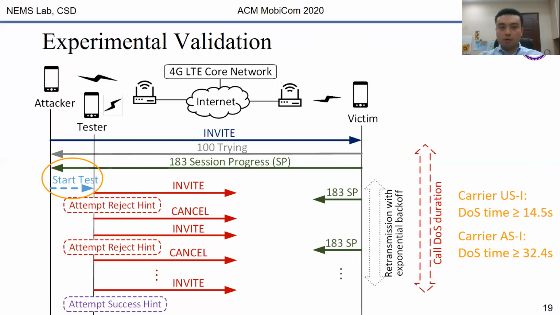Based on the results we observed, for carrier US1, the DoS time is larger than or equal to 14.5 seconds. For carrier AS1, the DoS time is larger than or equal to 32.4 seconds. It depends on the timeout values of the retransmission in different carriers.